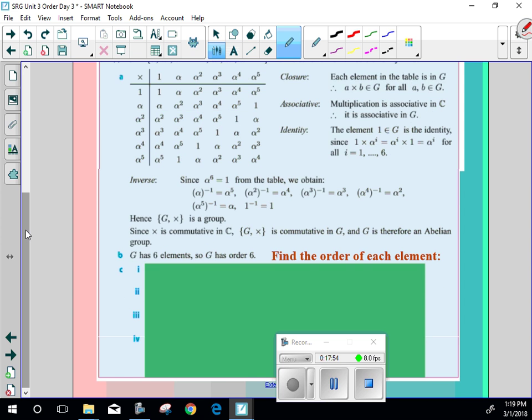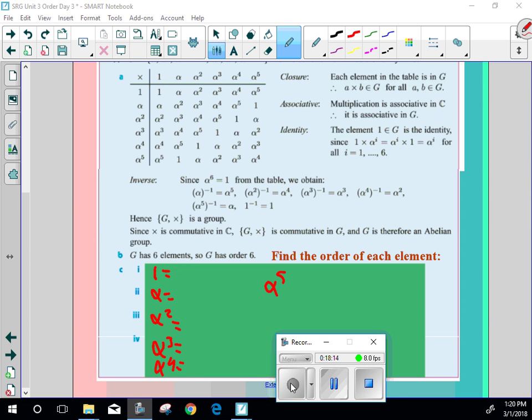Let's go down to the order, though. Go down to the bottom, and I want you to list 1, alpha, alpha squared, alpha cubed, alpha to the 4th, and alpha to the 5th, and I want you to find the order of each. So we're just reviewing the order.